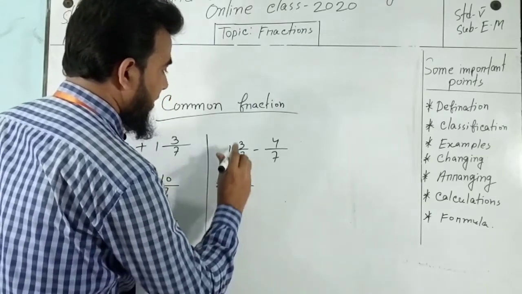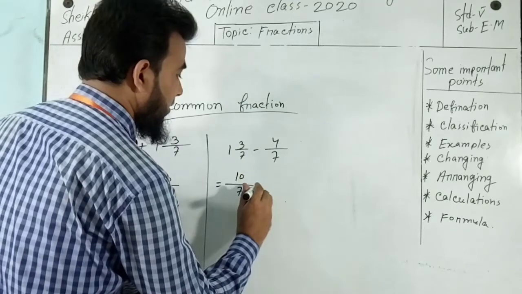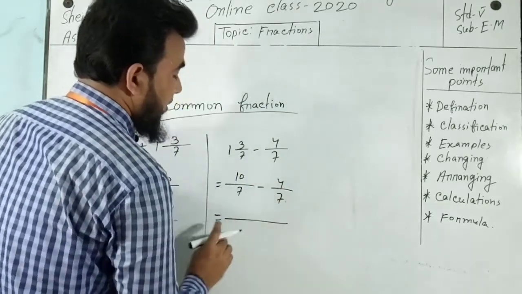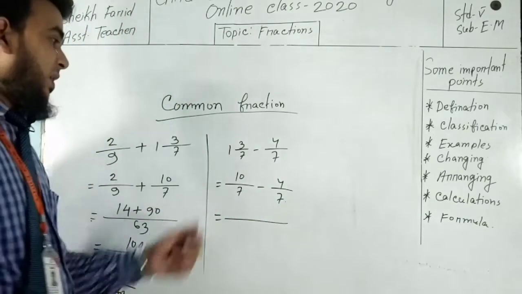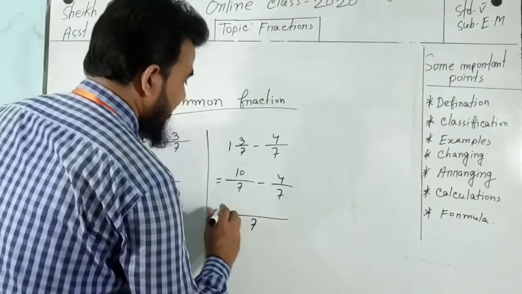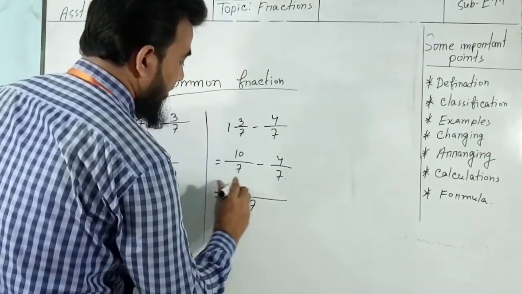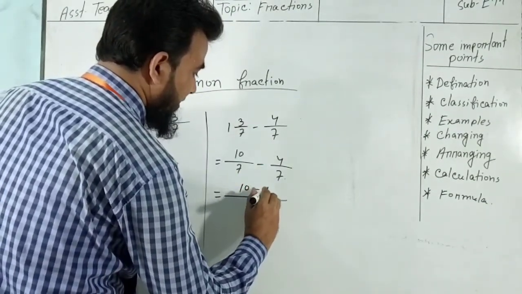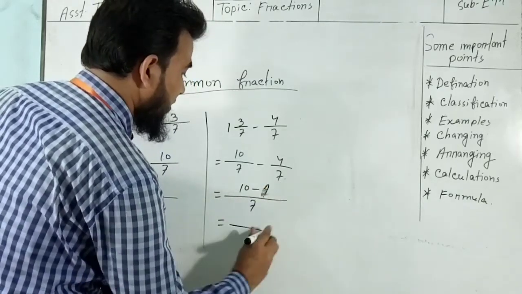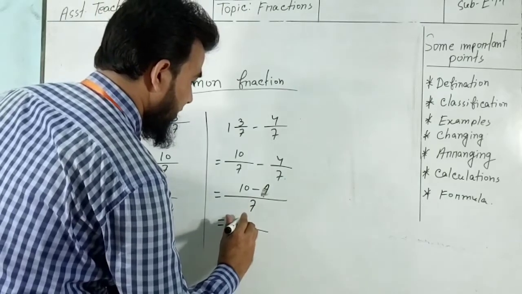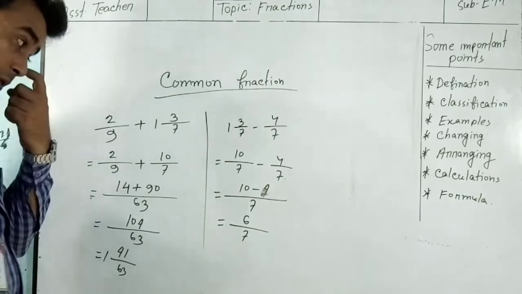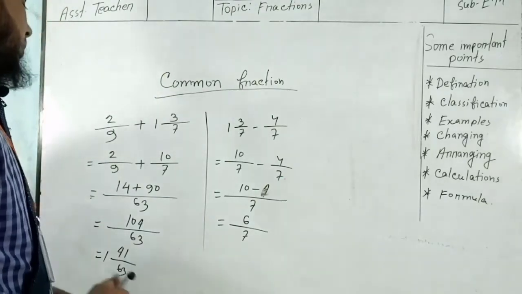Then if you add 3, we will get 10 by 7, minus 4 by 7. You know that both have an equal denominator and the LCM must be 7. Now 10 minus 4 is 6, so this is 6 by 7, and it is a proper fraction.